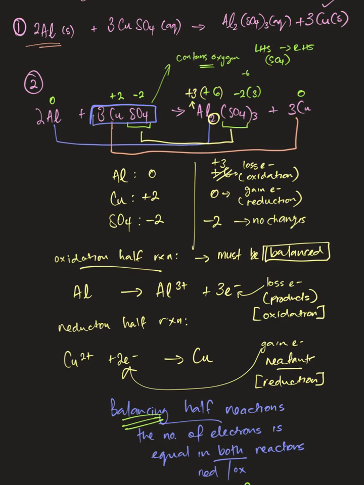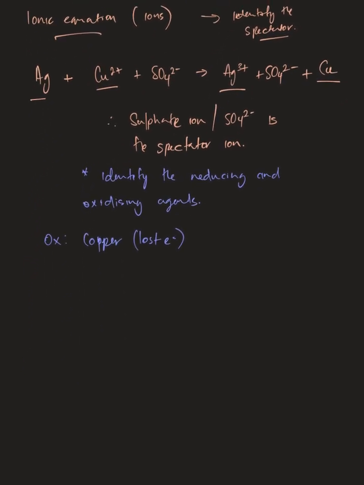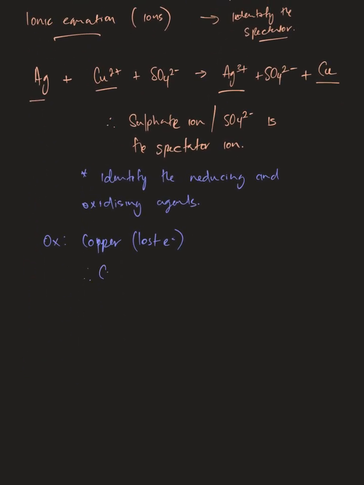So it's not just about the copper, it's about the copper sulfate. So therefore, the copper sulfate, or CuSO4, is the reducing agent, because if it was oxidized, it creates reduction.